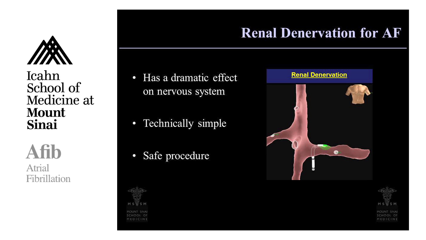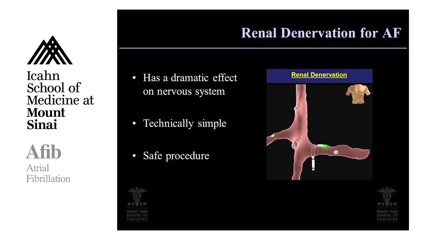Well, there are arteries that run to the kidneys, and what we do is we manipulate the ablation catheter to these arteries and place 3 or 4 ablation lesions in the wall of these arteries. The reason is because there are nerves that run within the wall. It turns out that if we ablate these nerves, we can actually affect this autonomic nervous system, and we can affect the influence that this has on the heart in terms of going into atrial fibrillation.